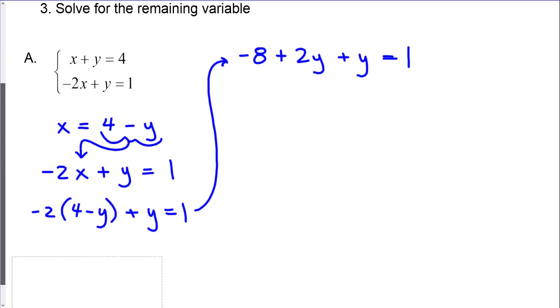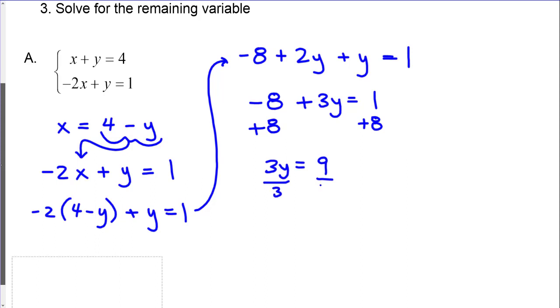These are like terms and can be combined into -8 plus 3y equals 1. I can add 8 to both sides, which results in 3y equals 9. And if I divide both sides by 3, I determine that the value of y is equal to 3.